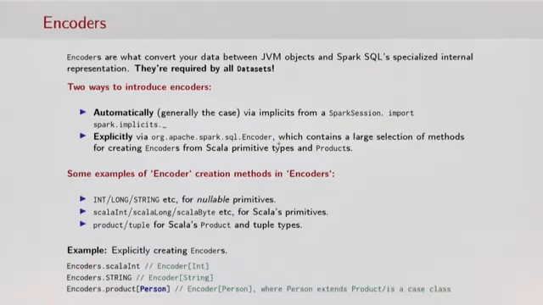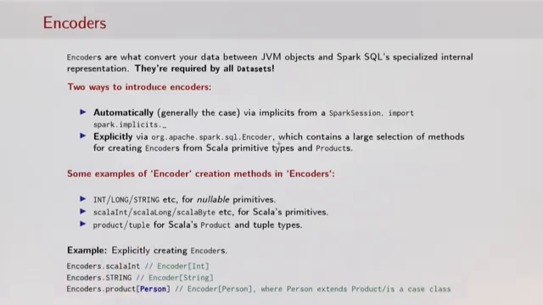So here are three kinds of encoders. There are encoders for int, long, string, etc., for primitives that are nullable, which isn't the case for all of Scala's primitives. Then there are methods that create encoders for the Scala primitives: Scala int, Scala long, Scala byte, etc., the list goes on. And finally, there are methods that create product or tuple encoders, because sometimes we're building up complex types via case classes.